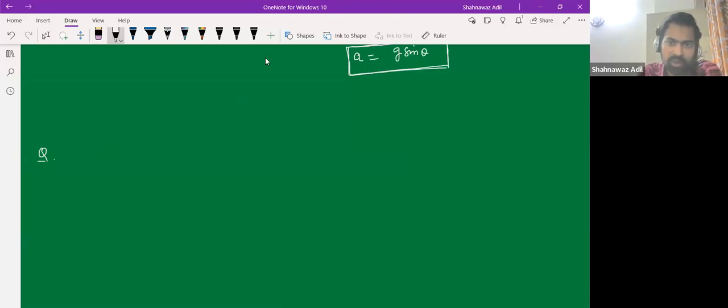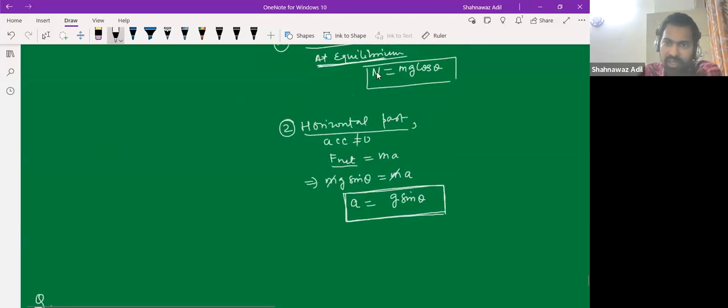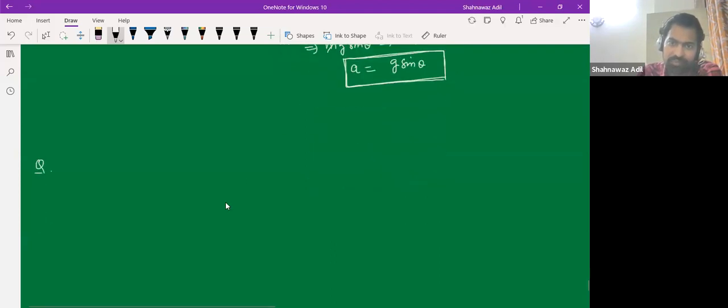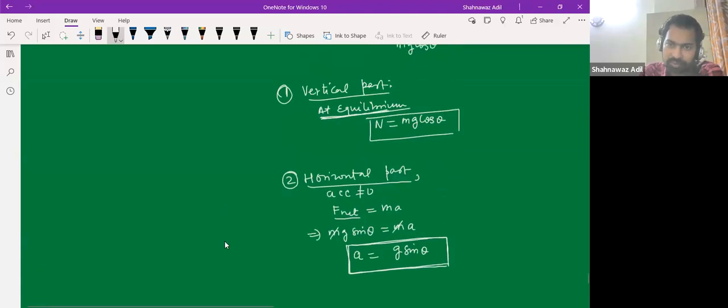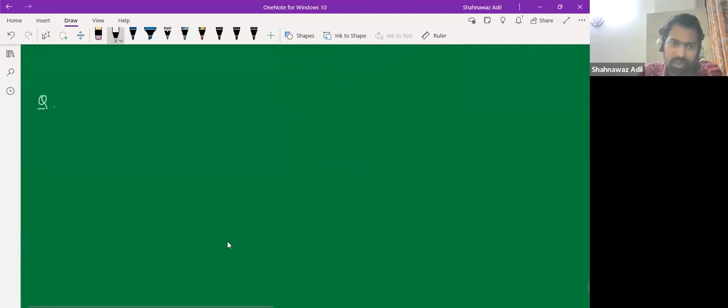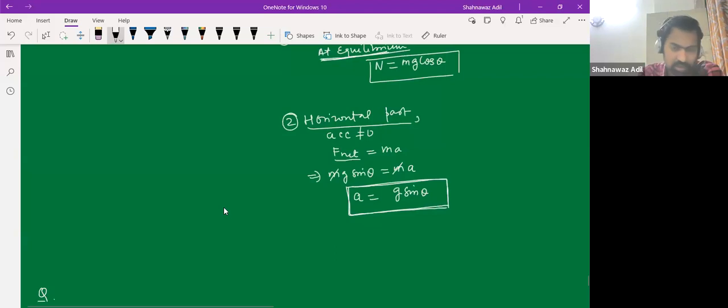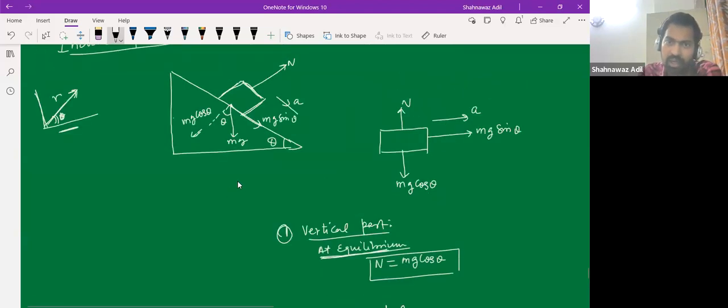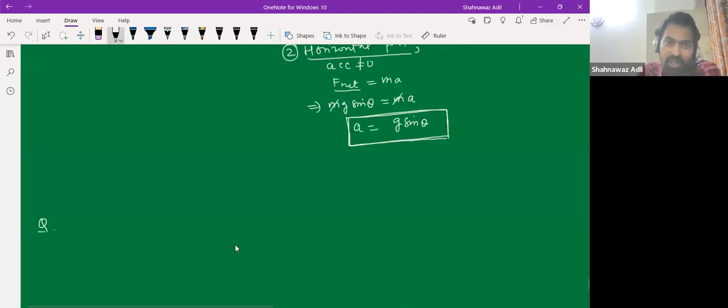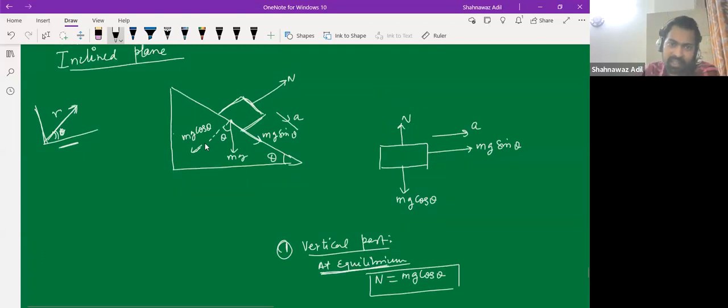Remember, from this we have to calculate the normal reaction and the acceleration. Sir, there will be friction also, right? Yes, but I have not talked about friction up until now, so I assume that this surface is very smooth.